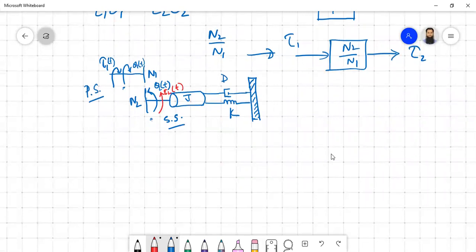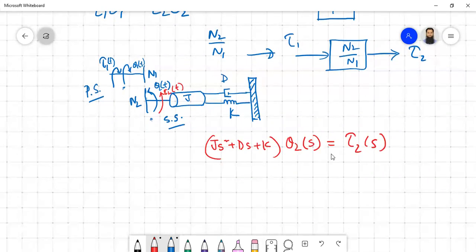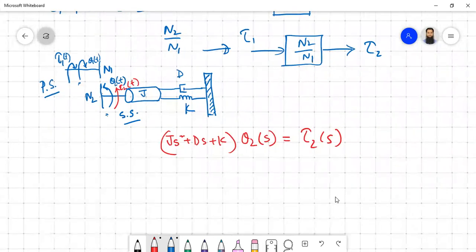So what will be the equation for that? Js square plus Ds plus K, related to your theta 2(s), should be equal to your tau 2(s). Similar idea. Now, we want to transfer all these impedances, this one, this one, this one, to the other side.